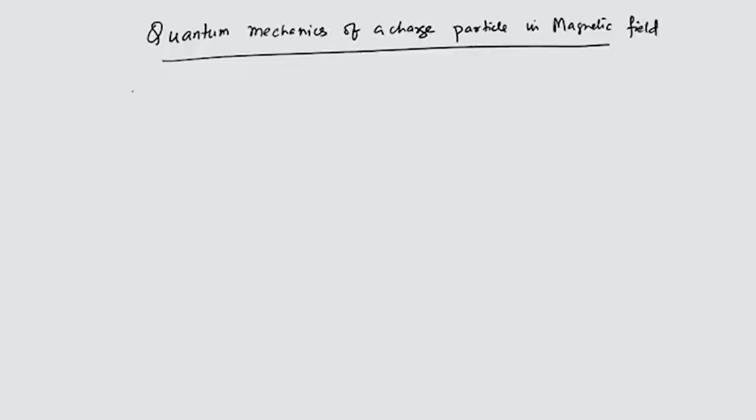Since we are talking about a single charged particle, because the electronic interactions can be neglected here, they are weakly interacting or not interacting at all, we can solve a Schrodinger equation in the presence of a magnetic field. So, how does one solve a Schrodinger equation in the presence of a magnetic field? Let us write down the Schrodinger equation in its simplest form.